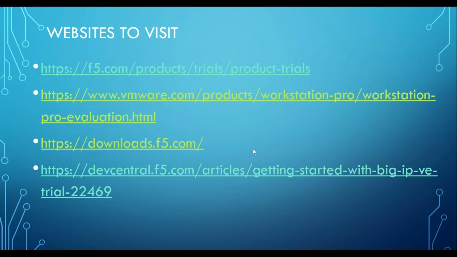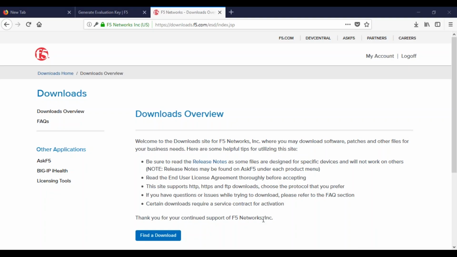Next is where you will download the F5 image. Using the same registration ID, you need to log in to the downloads website. Let's have a look. So once you log into the downloads website, the first view will be something like this.